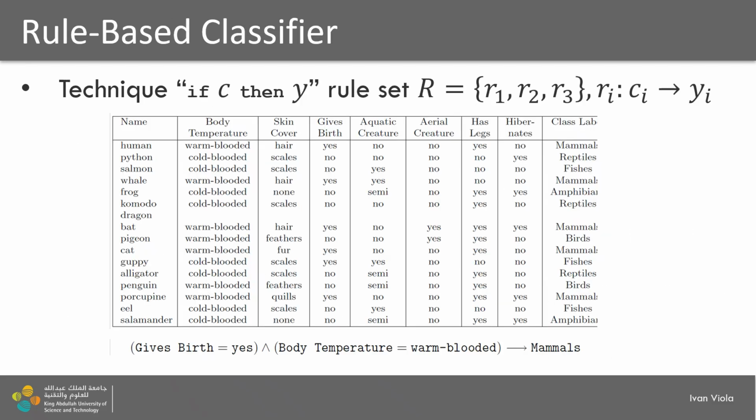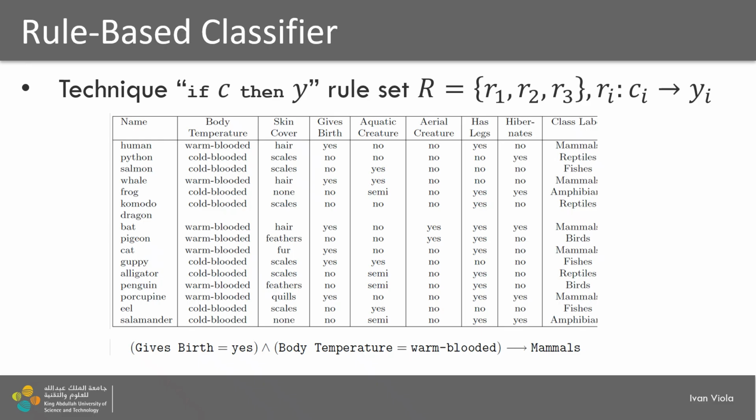Now let's move to a different type of classifier, which is the so-called rule-based classifier. This is in some sense a complete opposite of the k nearest neighbors, which are purely based on the data set. In order to classify an unknown record, the rule-based classifier doesn't use any data set on the classification task.